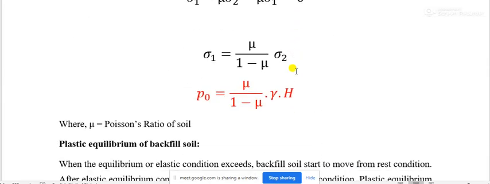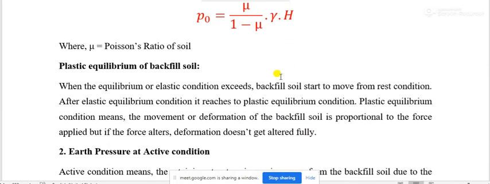Now in the next part, active and passive condition, obviously the pressure due to the weight of the soil is increasing, and that's why the lateral pressure will also increase, and that's why the retaining structure or the retaining wall and the backfill soil will move.